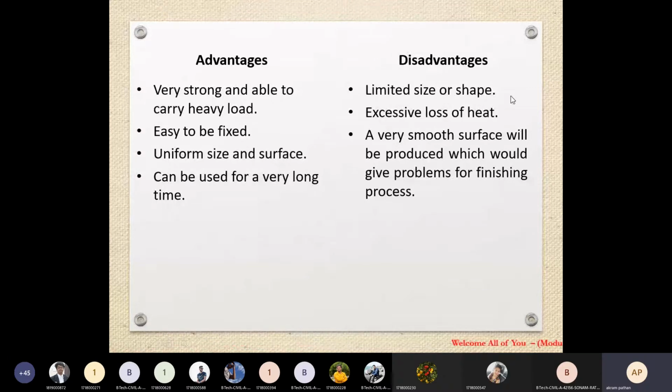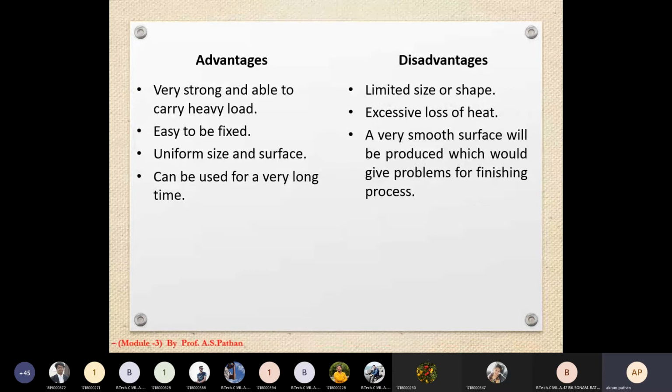Now look at certain disadvantages. Limited size or shape: it cannot have a larger size, so again we require proper planning. We have to plan what sizes and shapes of steel formwork we require for the casting of the bridge piers or any type of structure.